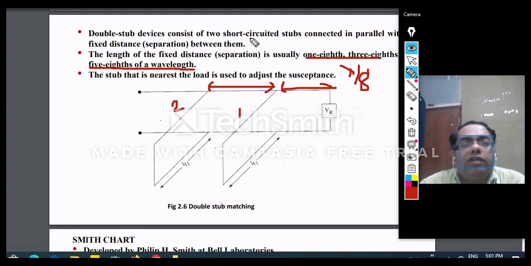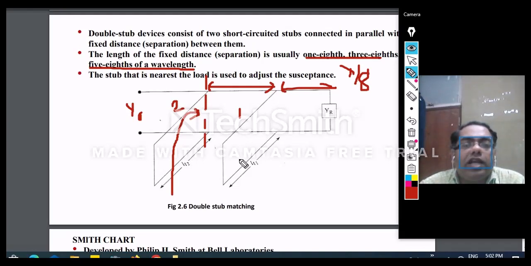Actually the idea for double stub is that at the input of the second stub, because this is the source end, this is the load end, if the characteristic admittance of this stub is Y0, then suppose we do not connect the second stub, only the first stub is connected.